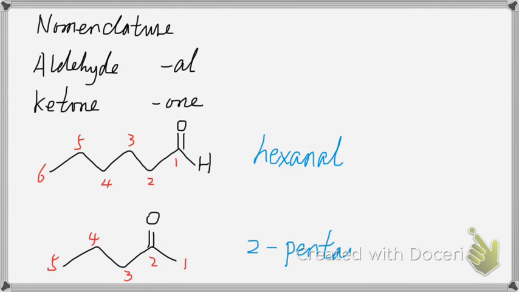And this compound will be named as 2-pentanone. Here, 2 indicates the ketone carbonyl is at carbon 2. And you cannot omit the locant number here, because you can also have 3-pentanone, right?